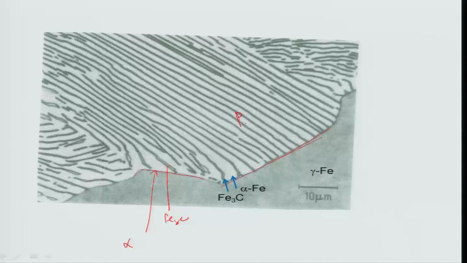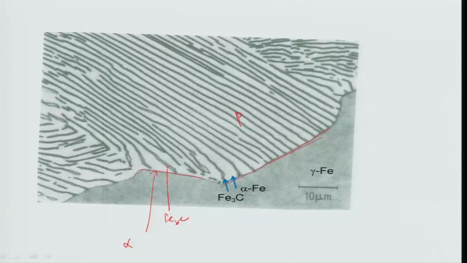This front is moving or sweeping across as time progresses, and this was obtained in a very nice experiment, clearly showing how the austenite is getting transformed and forming pearlite consisting of alpha iron and cementite.